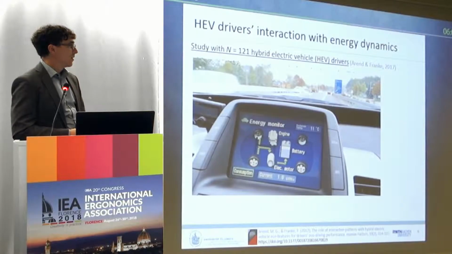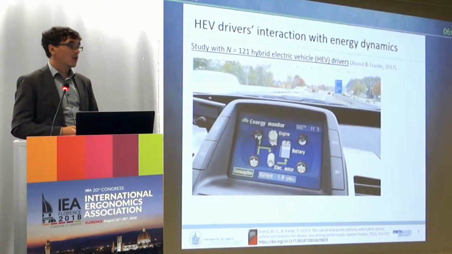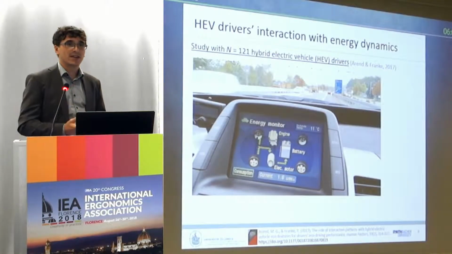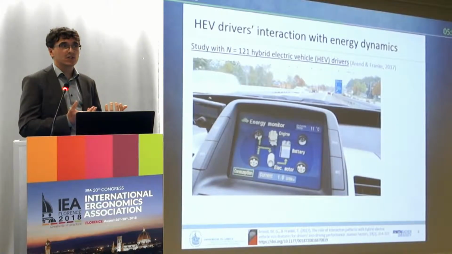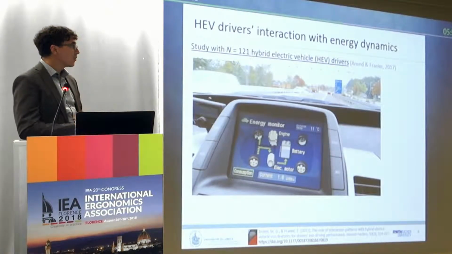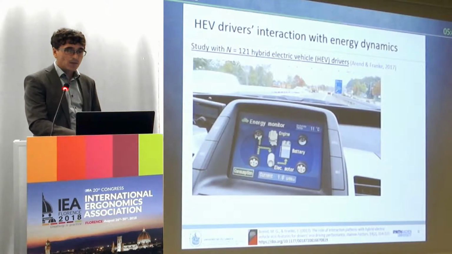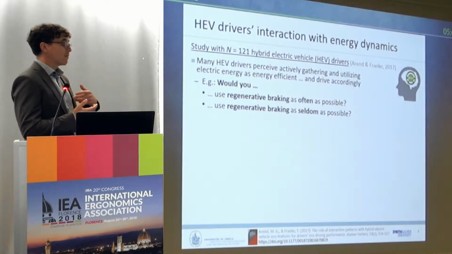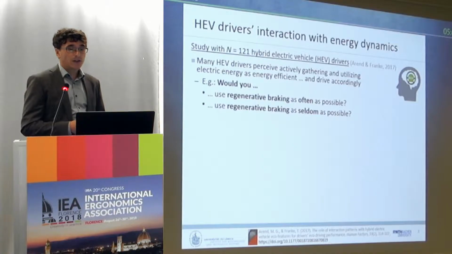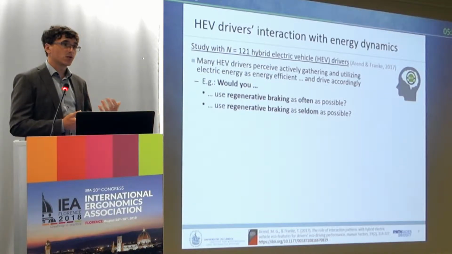So you might say, okay, no one will ever understand this, no one will ever learn an eco-driving strategy, but that's not the case. People also in hybrid electric vehicles develop mental models of energy efficiency, and they develop their strategies. One thing that we learned was that many drivers have a tendency to perceive actively gathering and utilizing the electric energy as very efficient and drive accordingly.